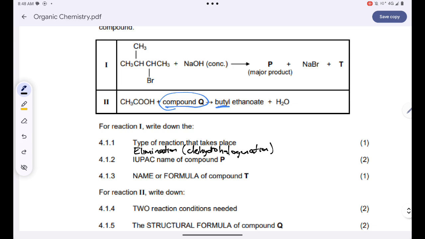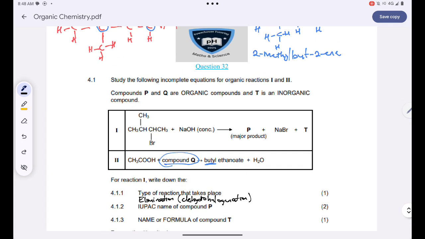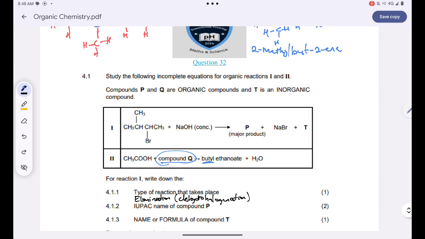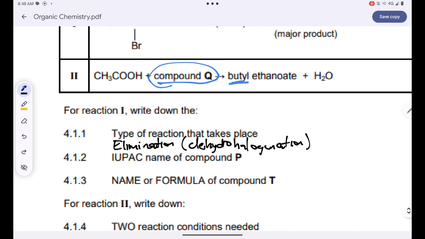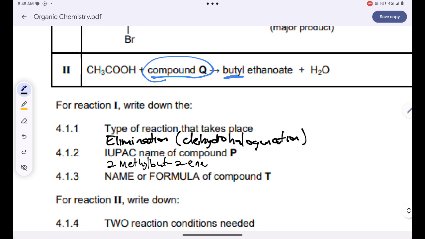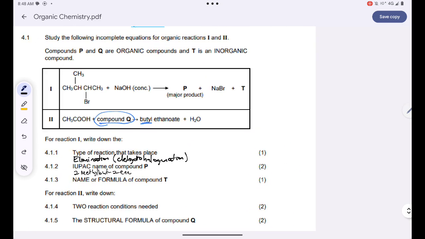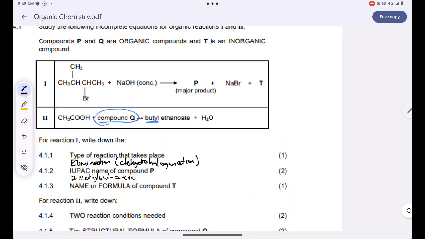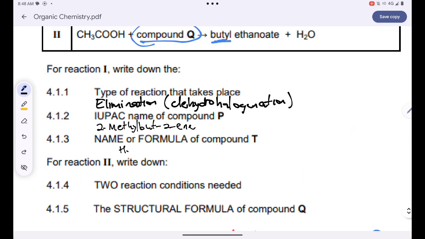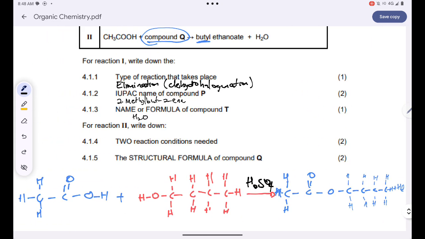The IUPAC name of compound P is 2-methylbut-2-ene. Name or formula of compound T. T just represents water, that's H2O.